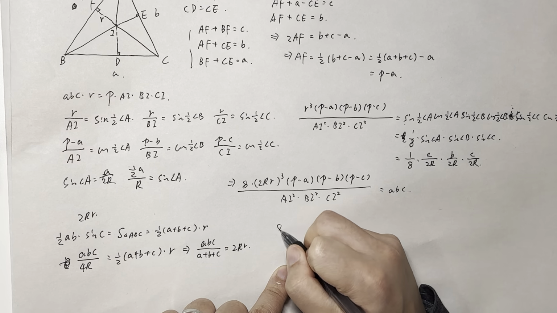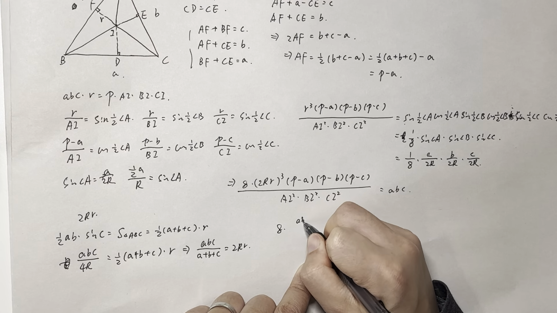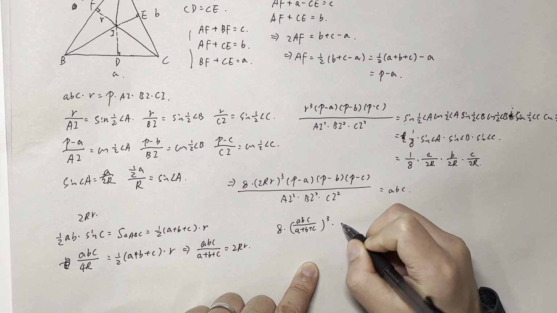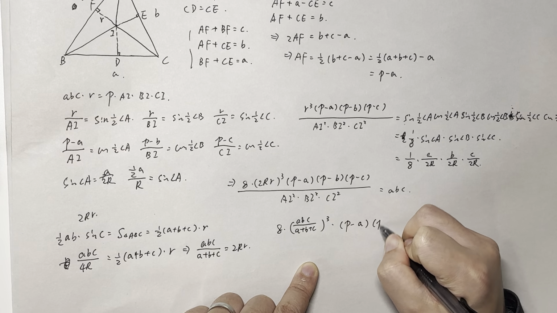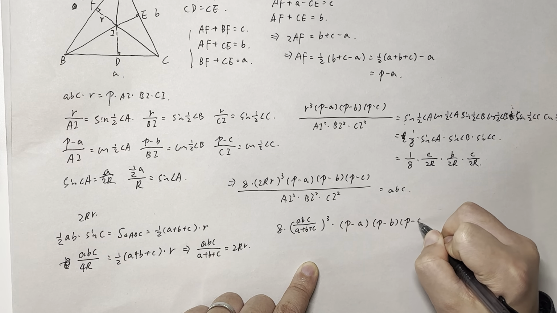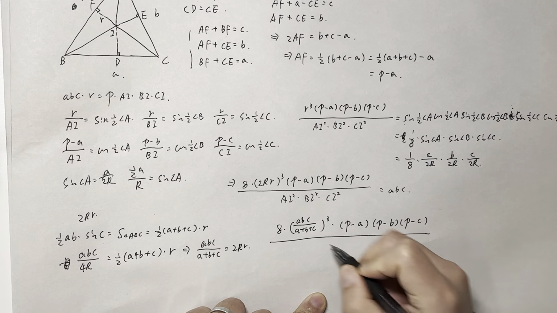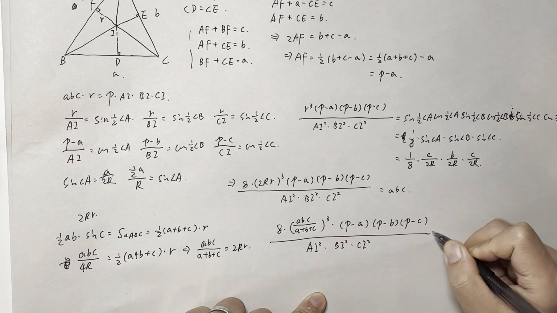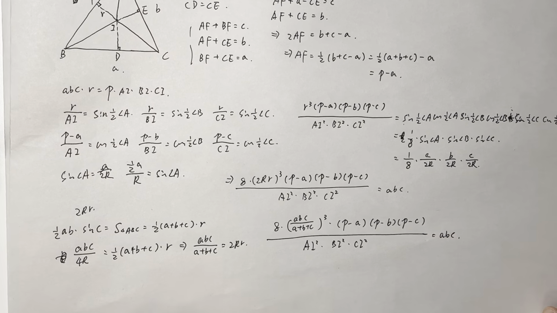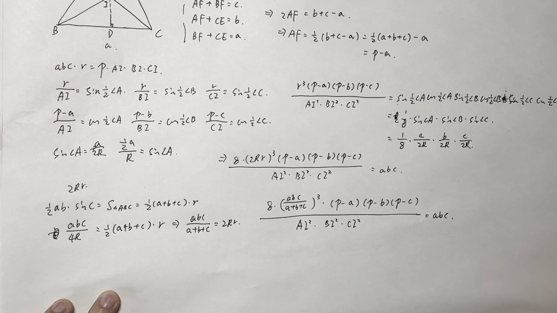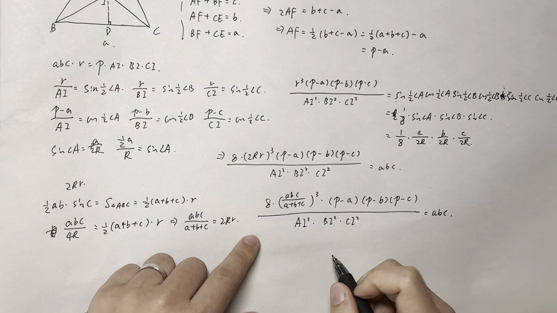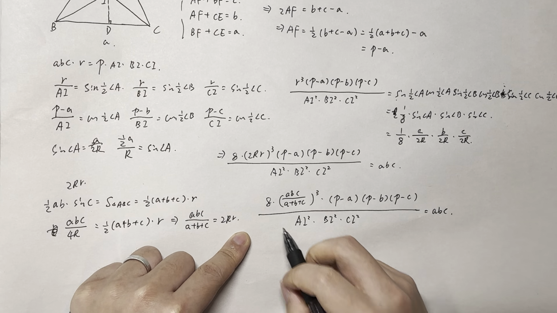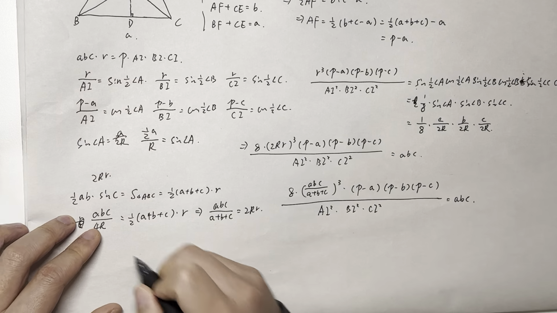We got 8 times ABC over (A plus B plus C) to the power 3 times (P minus A)(P minus B)(P minus C) divided by AI squared, BI squared, CI squared equals ABC. Right? So now, let's write it here.